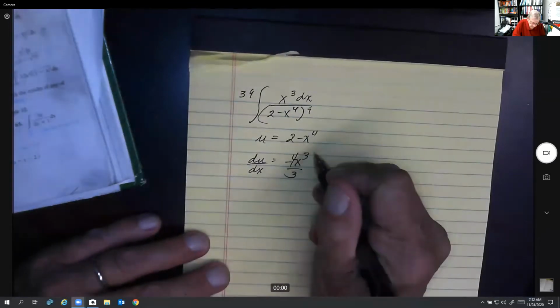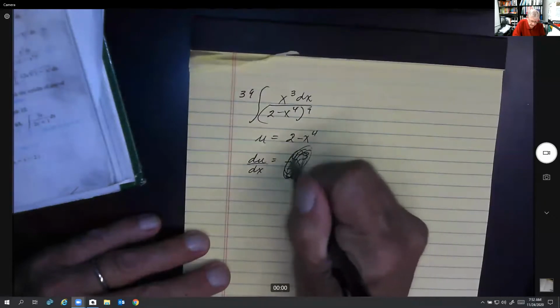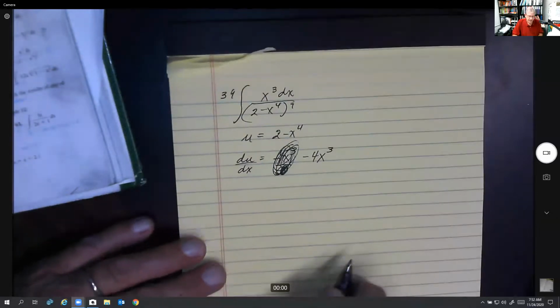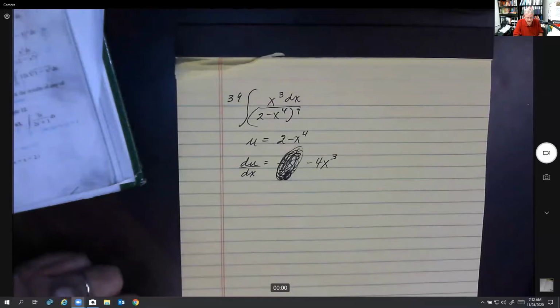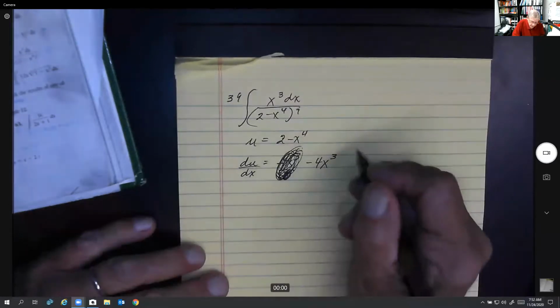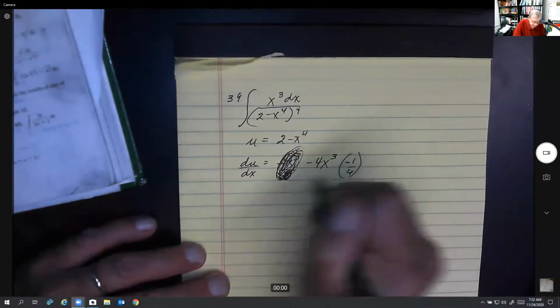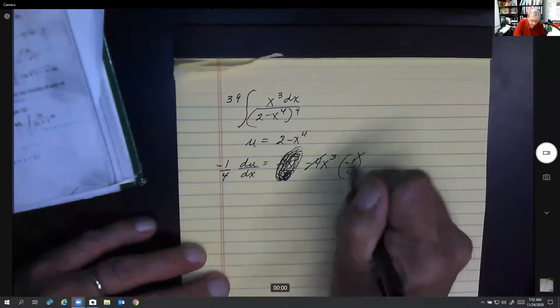Just minus 4x to the 3rd. It's hard enough, let's not make it any harder. Need to get rid of the negative 4, right? So I'm going to multiply this by a negative 1/4, and that'll get rid of that 4.